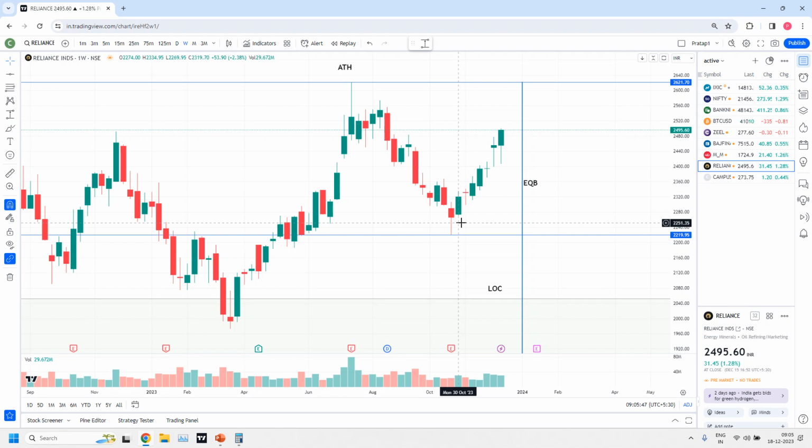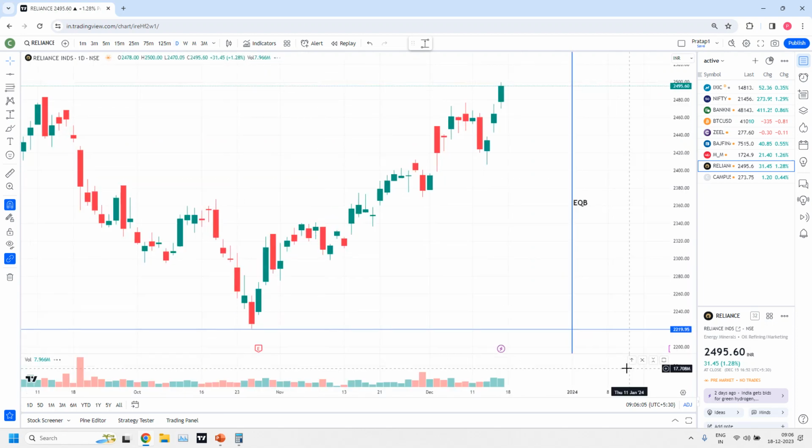So what is the lower time frame? The lower time frame is one time frame below weekly. What is one time frame below weekly? That is daily. So go to the daily, where you identify demand zones and supply zones for buying and selling decisions. So now we are going to the daily time frame.